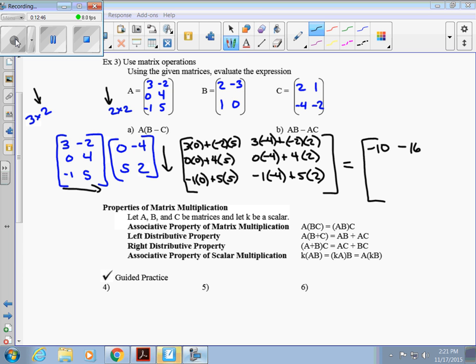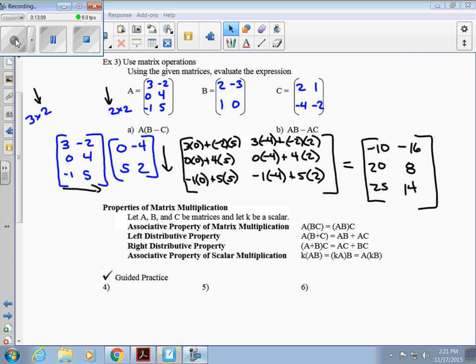We have a 0 and a 20, so that's going to be 20. We have a 0 and an 8, so that's going to be 8. And we have a 0 and a 25, which is going to give us our 25. We're going to have 4 and 10, which is 14. So there is our matrix.